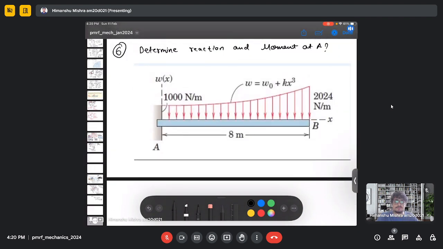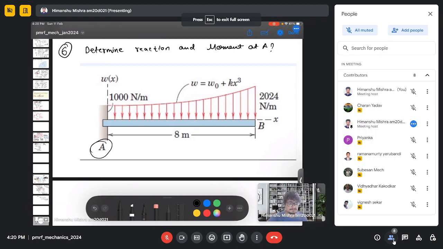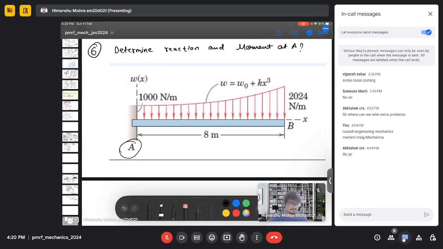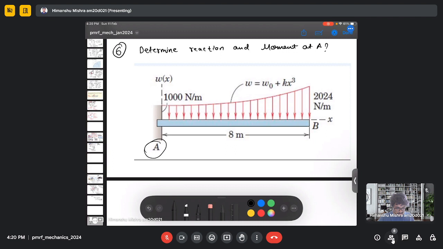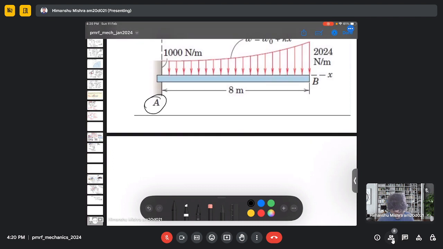So in this problem, we need to find the normal reaction at point A. And there is a varying load.